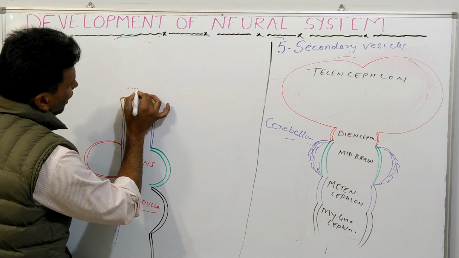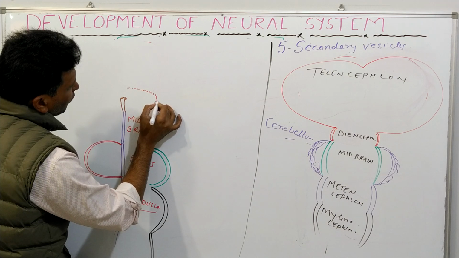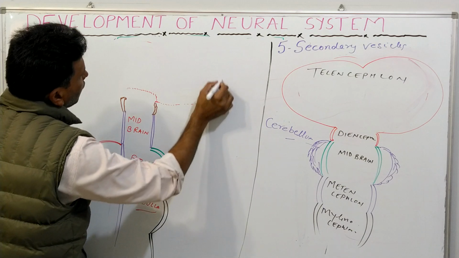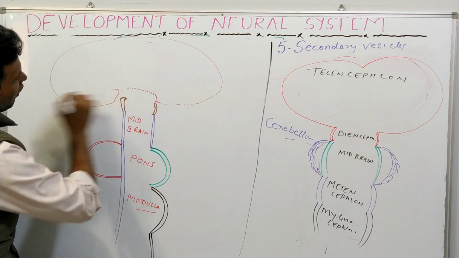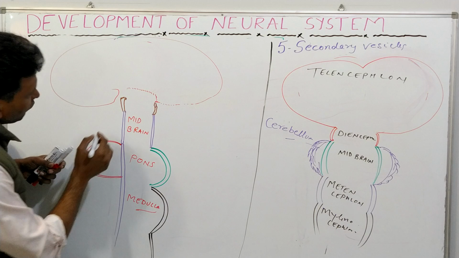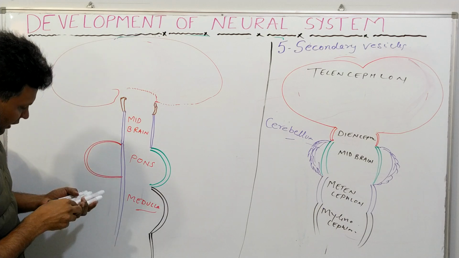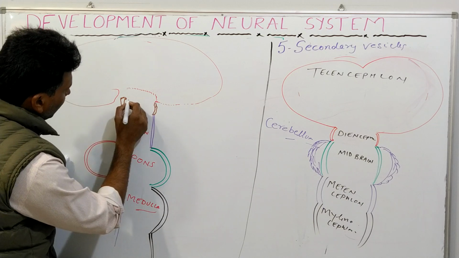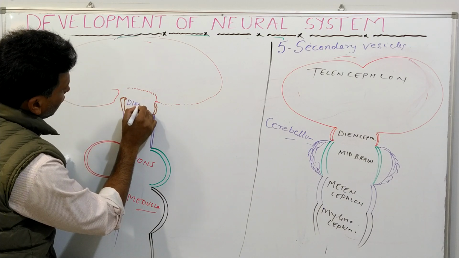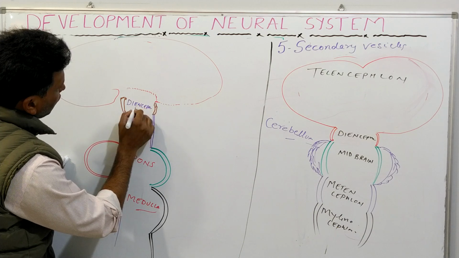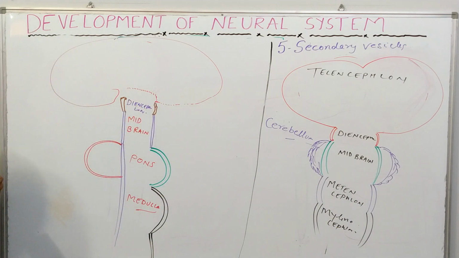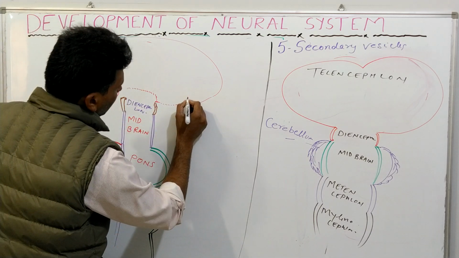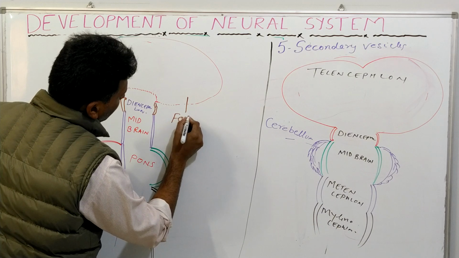Some structures will be underdeveloped, but this will go forward, and you can see this is your midbrain, this is your diencephalon, and this is your forebrain.